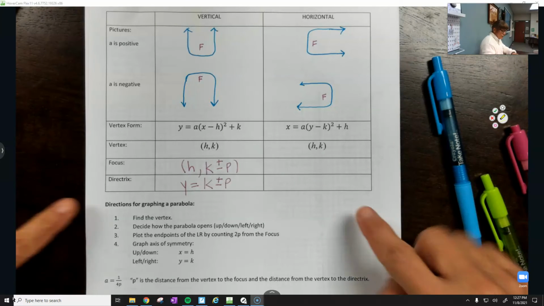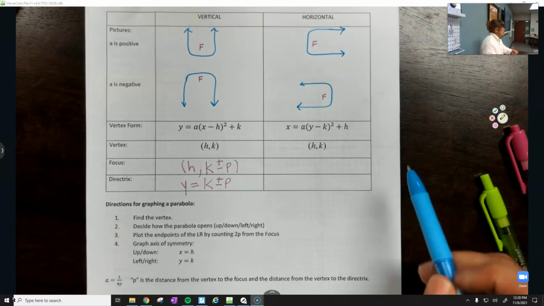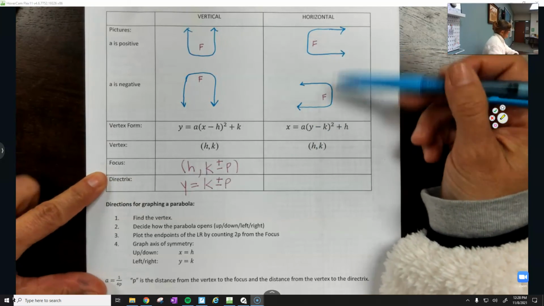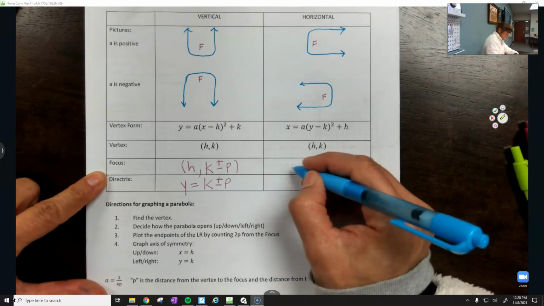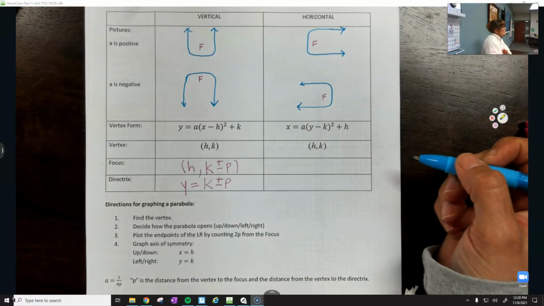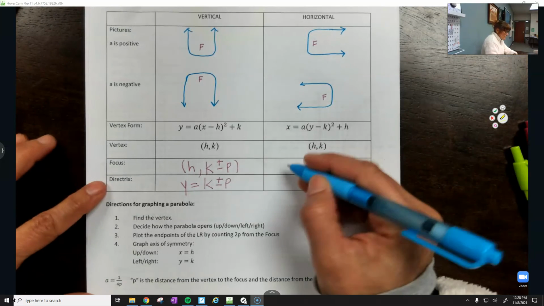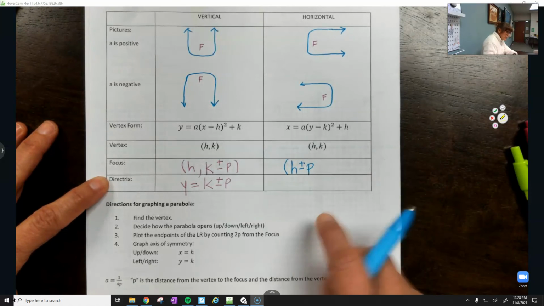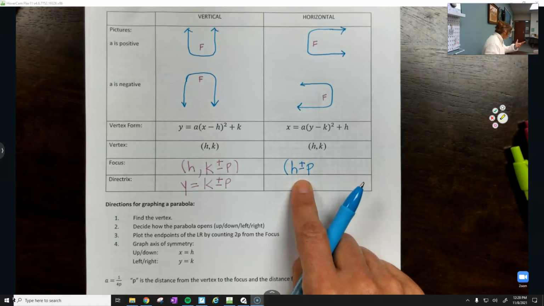All right, so let's fill in these last two cells, then we'll go ahead and knock out example 3. So for the focus for the sideways parabolas, the focus moves sideways. So whatever the H value is, you're going to move it P value to land on the focus.